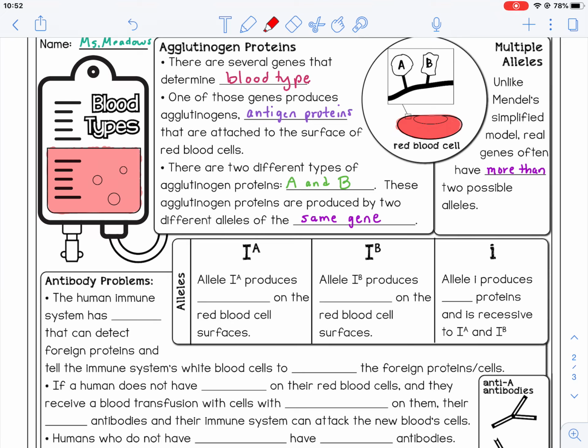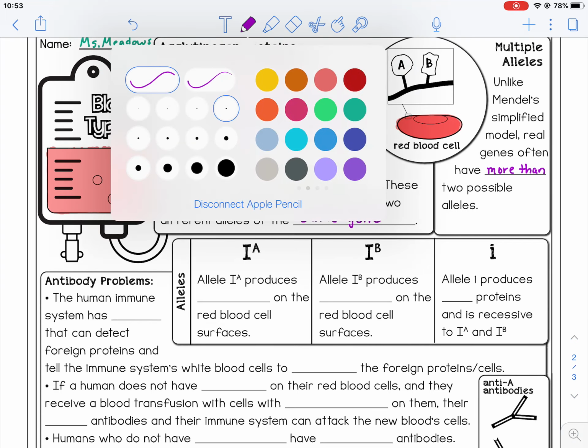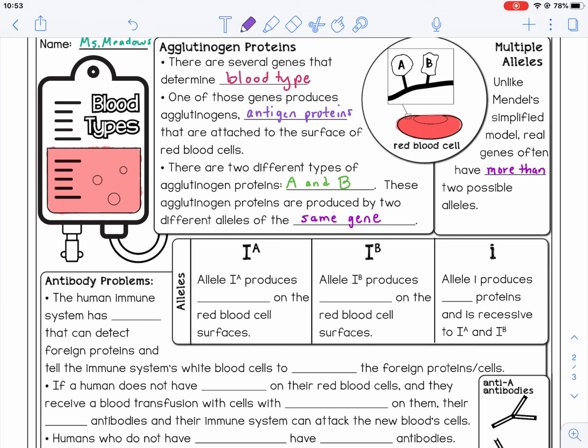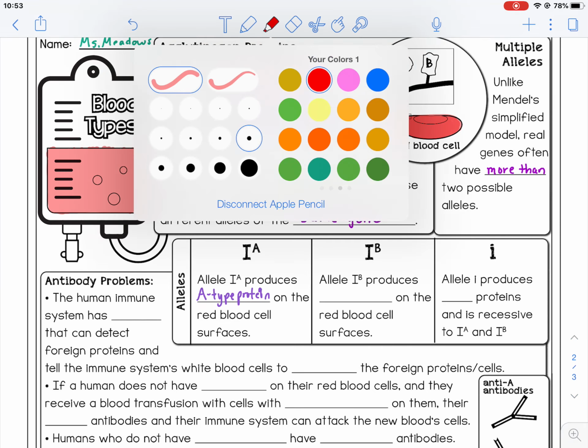So there are actually three different alleles with blood type. There's IA, IB, and little i. So with IA, it produces an A type protein on the red blood cell surface.